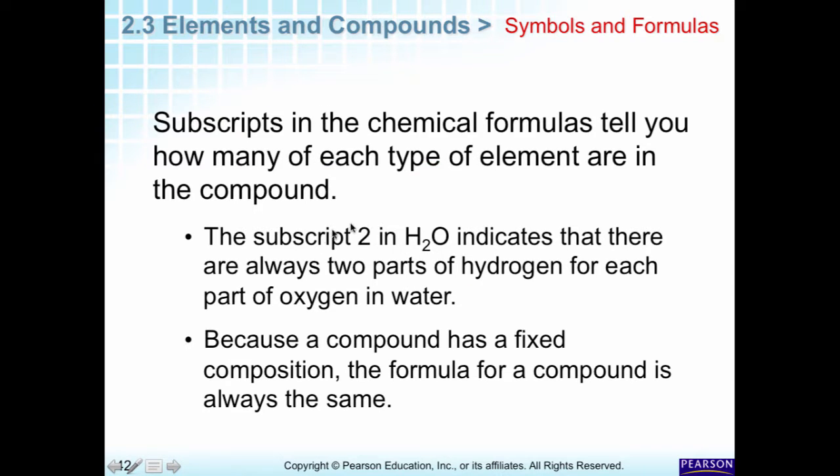Okay, so those numbers in the subscript basically tell us the ratio of the previous element to the one that follows. So, for instance, water is H2O, hydrogen peroxide, which is another compound of hydrogen and oxygen, is H2O2.